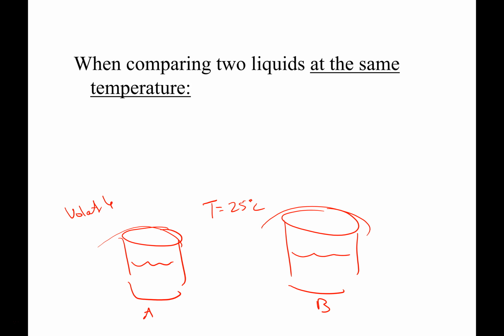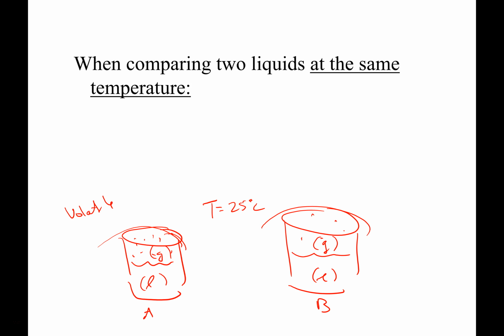Exactly. There are many things in science, chemistry included, that I just think through and go, oh, well, that's how that goes. Because you told me if something's volatile, it has weak intermolecular bonds. So what would you say with regard to the equilibrium vapor pressure of this volatile guy? Is it high or low?